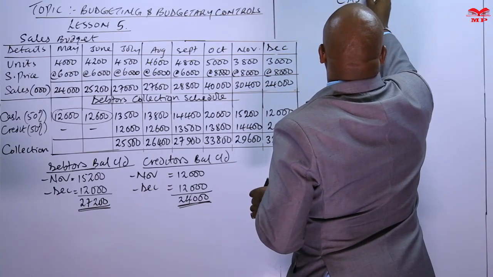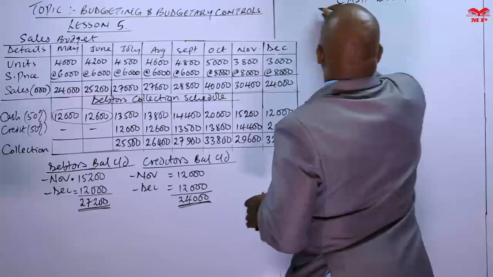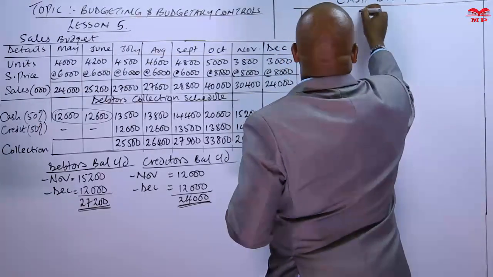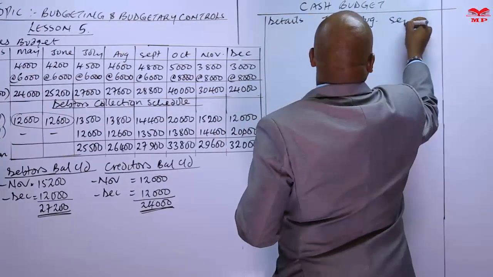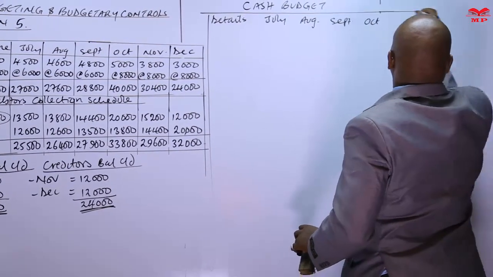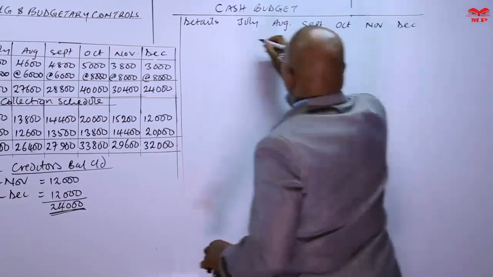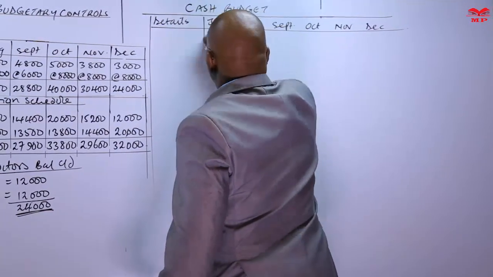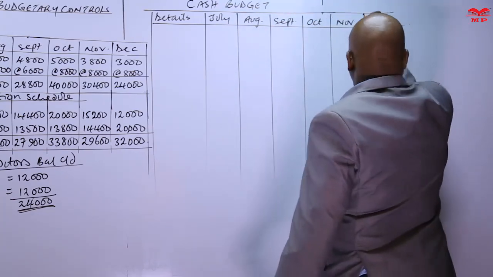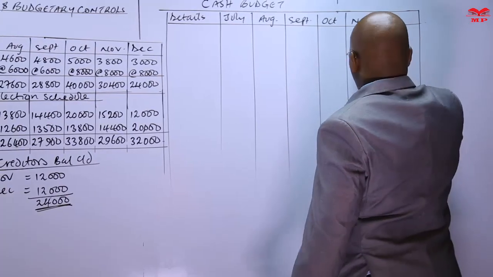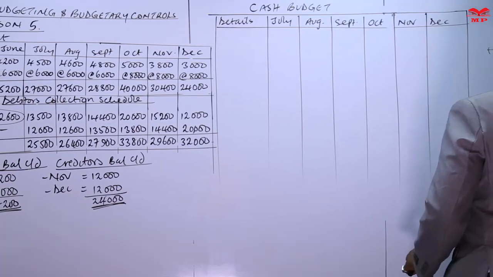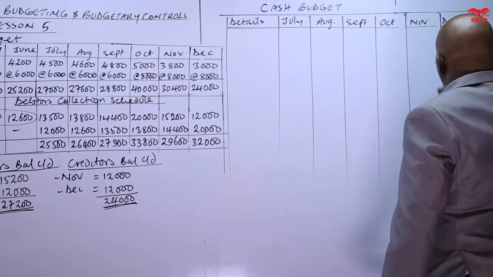You have the cash budget for the 6 months: July, August, September, October, November, and December. This is the cash budget that we expect.